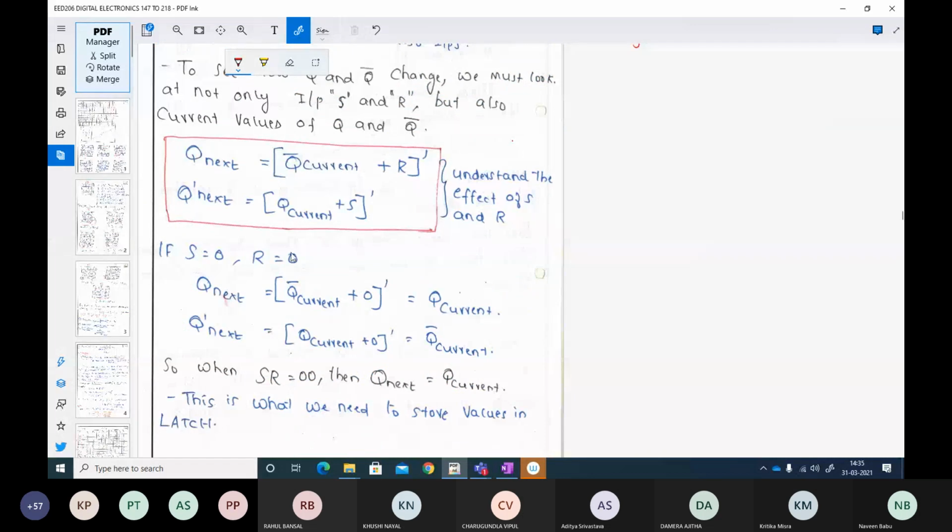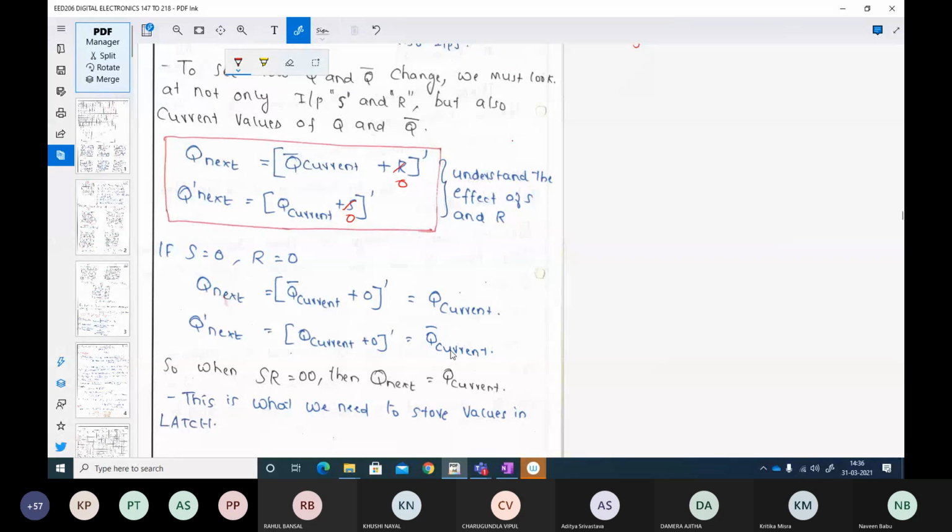When S is 0 and R is 0, what happens? It is a NOR gate, right? So your output will be your current value. So only this will decide now. So Q bar of current, the whole bar will be Q current, and Q bar of next state will be equal to Q bar of current state.